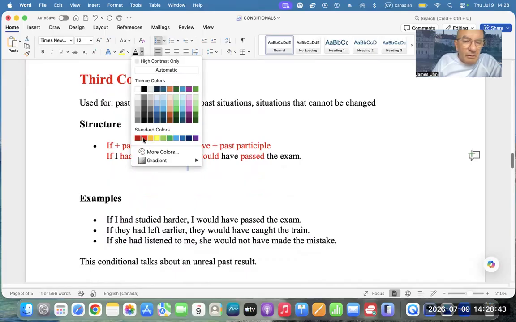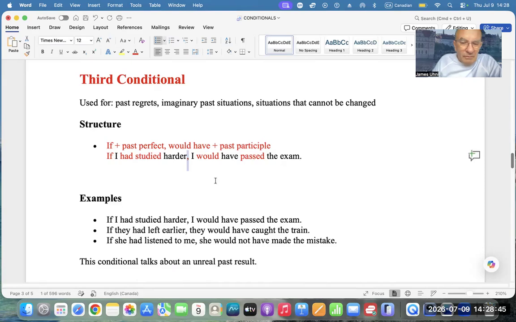And here I have I, and now would have. So the have should be red, but I made it black because here is past participle, and past participle is only past.